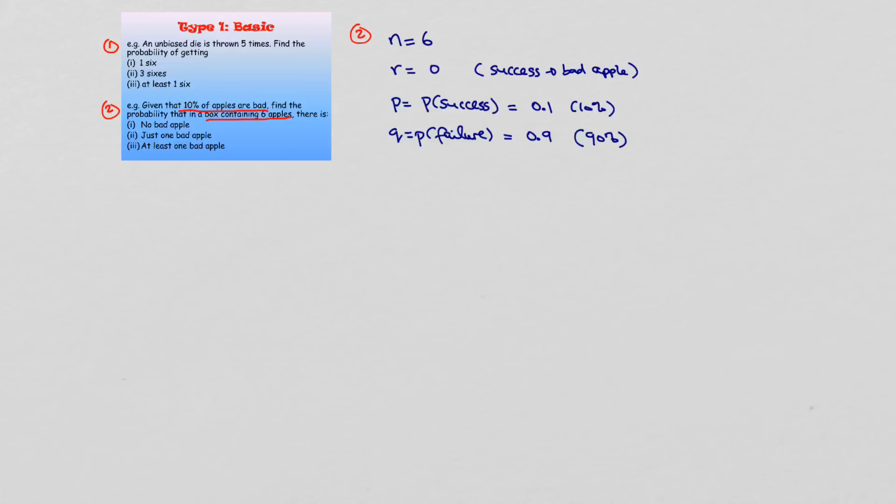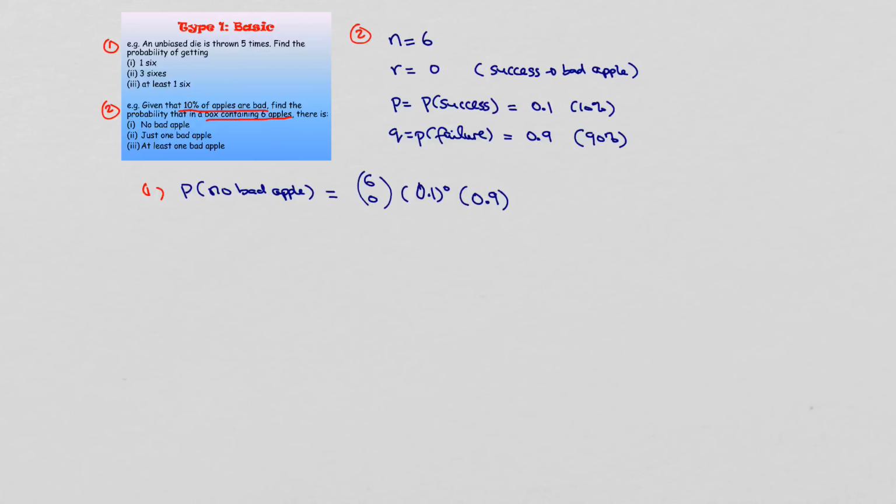So for the first part of the question, we're looking to basically find no bad apple. So we're looking for the probability that we get no bad apple. Okay, and therefore we are going to have 6 choose 0, so n choose r, p to the power of r, so we have 0.1 to the power of 0, and then we have q, which is 0.9 to the power of n minus r.